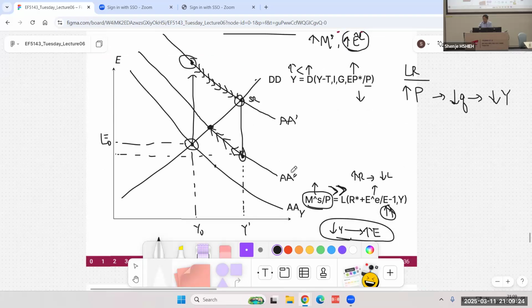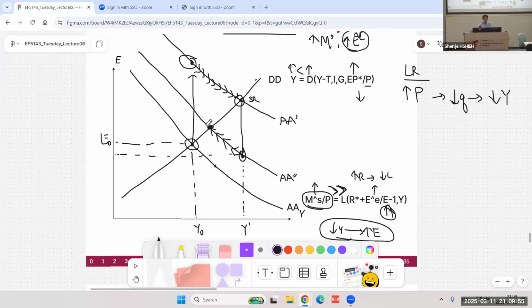AA is only reflecting one thing, change in expectations. MS over P, P has already adjusted for the change in MS. So this ratio was the same as before the policy shock. We're moving along the AA schedule here because output is contracting, and so E is increasing, Y is decreasing, and it feeds back until we're on the DD schedule.